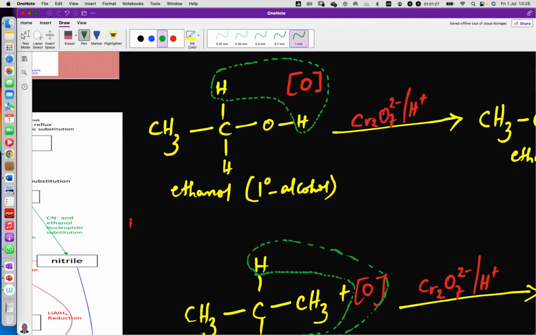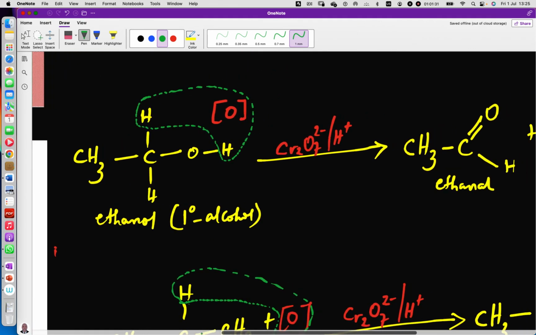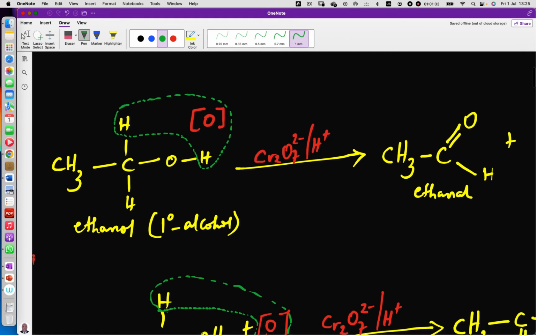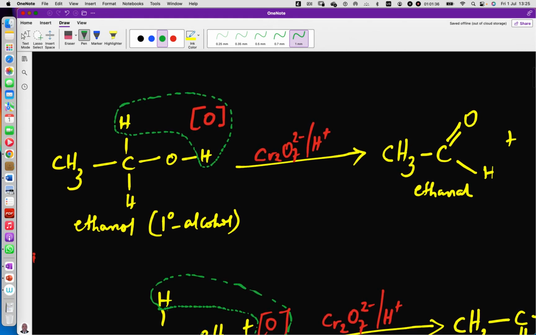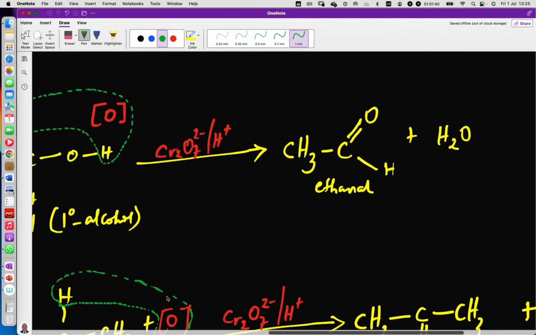So a recap: primary alcohol can be oxidized using acidified potassium dichromate to the corresponding aldehyde, ethanal.